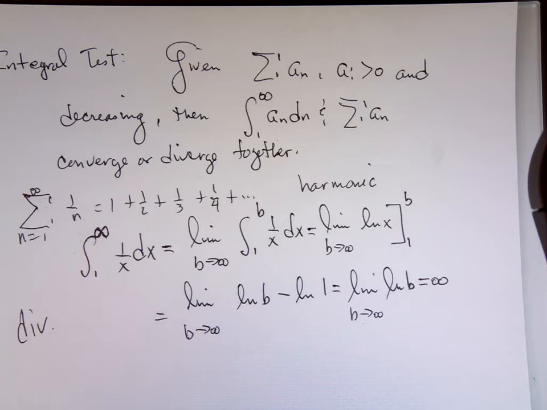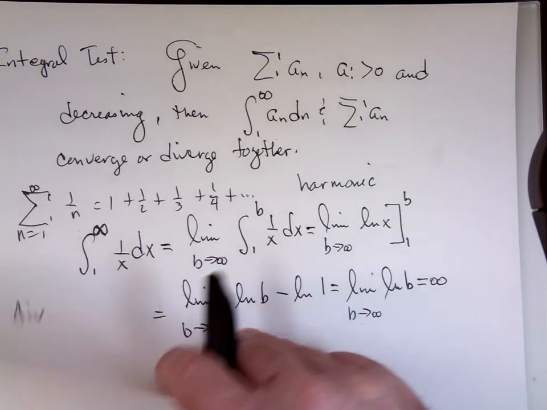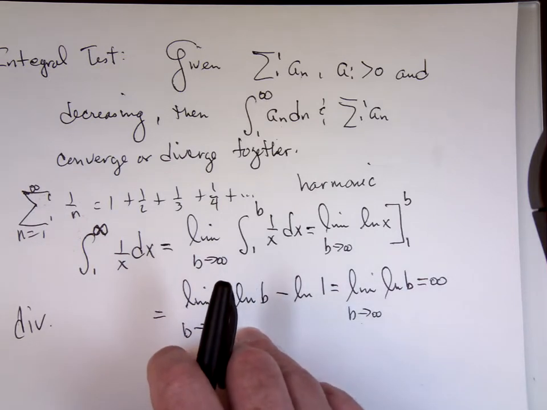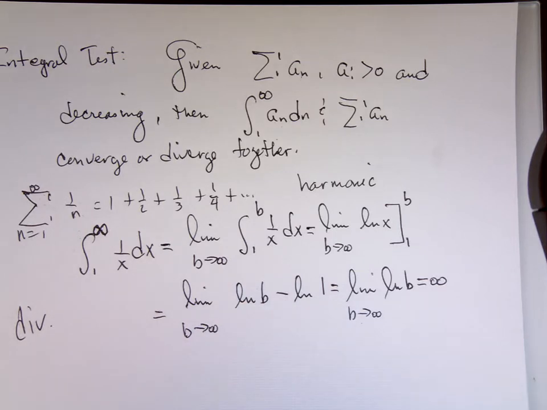But I want to do another integral test. Are you ready? Are you doing this one on your computer? I'd be curious, go to 1,000 and see what you get for a sum.